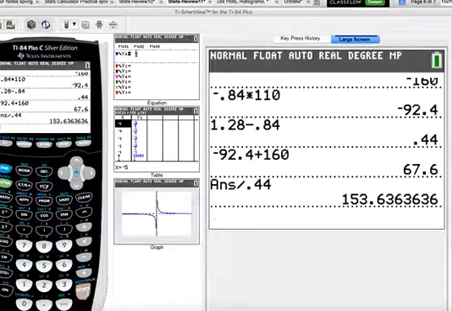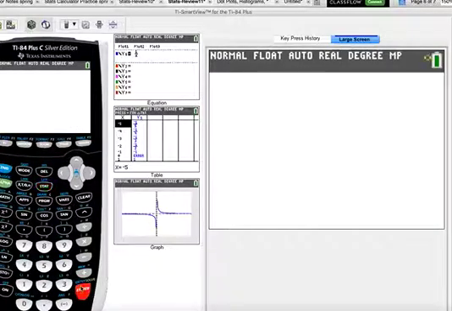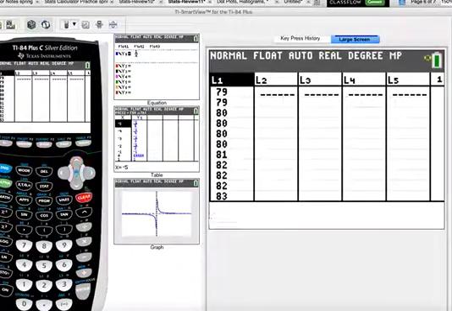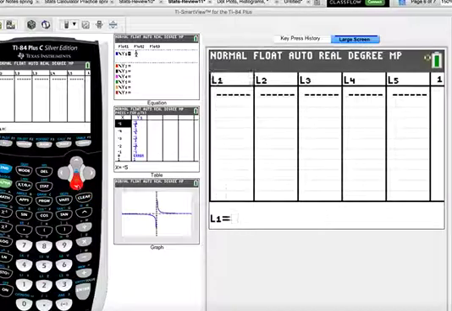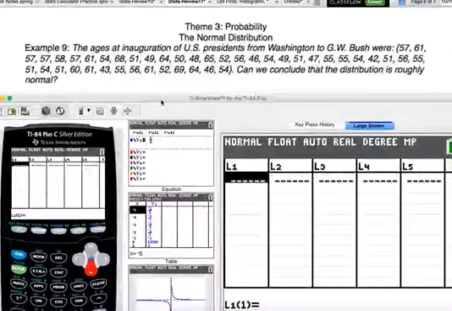So go into the calculator, go to Stat, go to Edit, clear out anything that's in L1, and then type in your new values using the numbers that were given to you in the set.